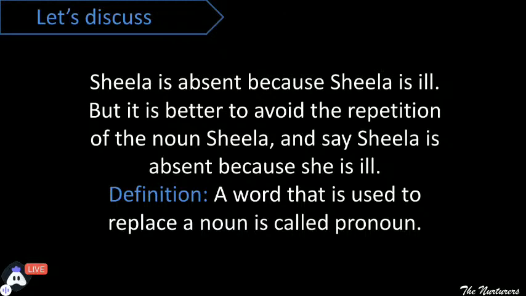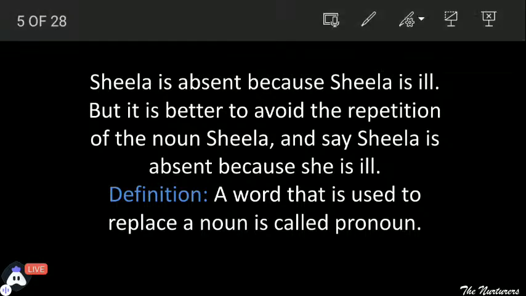Repeating the same word again doesn't look nice. So a word that is used to replace a noun is called a pronoun. In this video, we will be discussing all about pronouns, or the words which will be replacing the nouns.